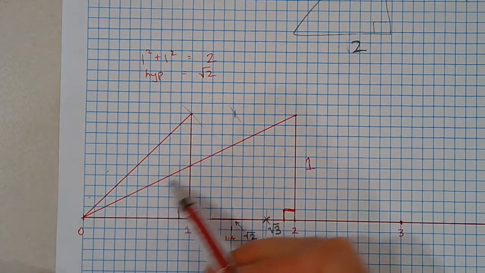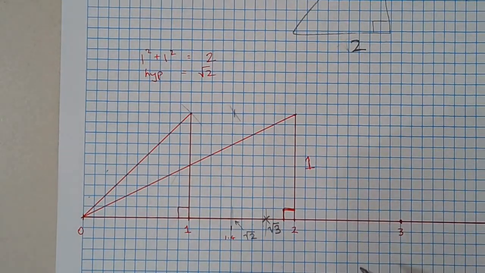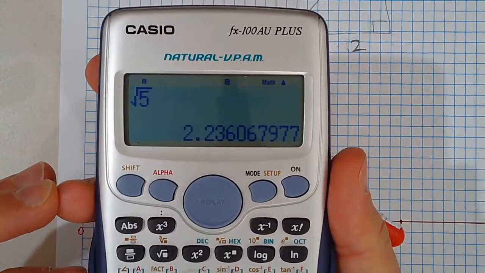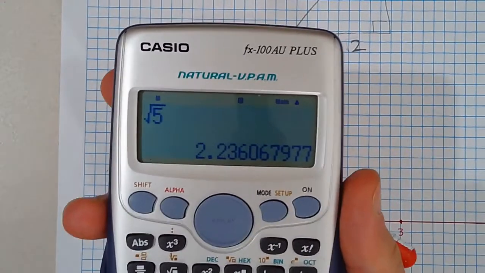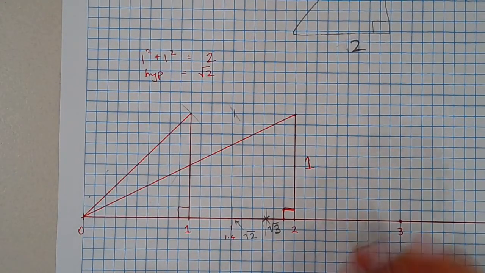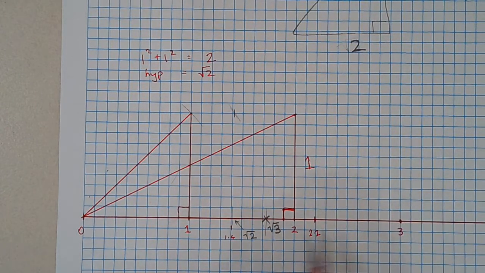So the hypotenuse of this larger triangle will form the radius of a circle, and we expect it to land a bit past 2. Square root of 5 is 2.24, rounded to 2 decimal places, or around the 2.2 mark. So 2.2 should be around here. So this is 2.2, that marking there. We expect it to land a little bit past 2.2. So let's see if this works. Well, yeah, close to 2.24.